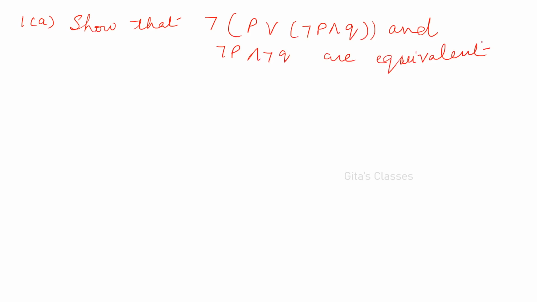This is the question: not of (P or (not P and Q)) and (not P and not Q) are equivalent.